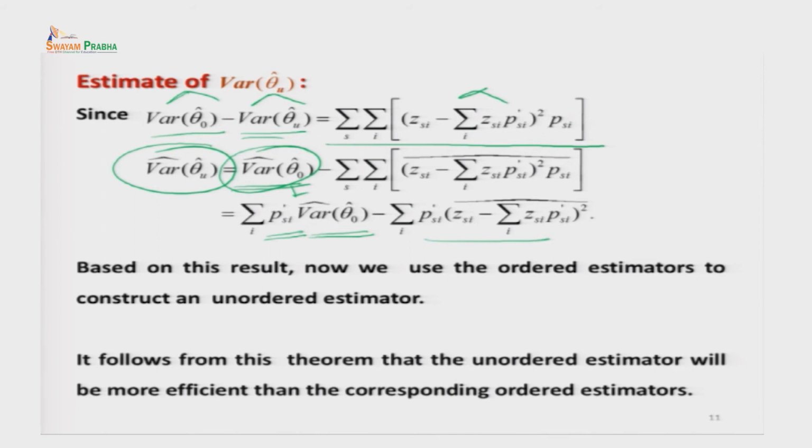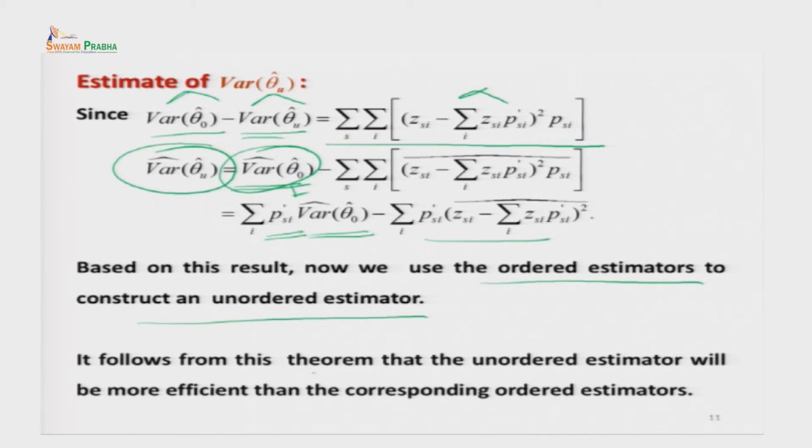Now using this result, we try to use some methodology and obtain such an estimator, because we have got a methodology to construct the unordered estimator using the ordered estimator.